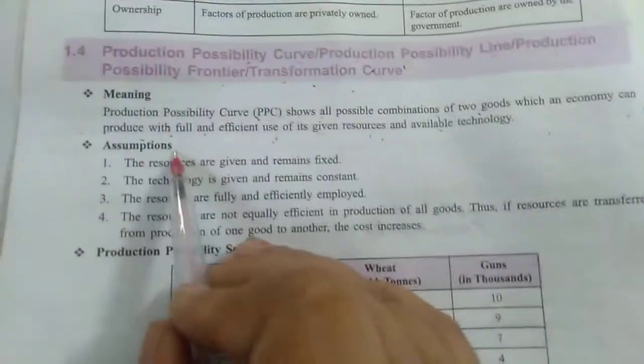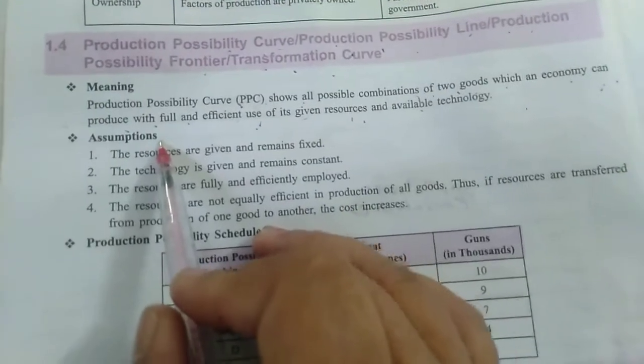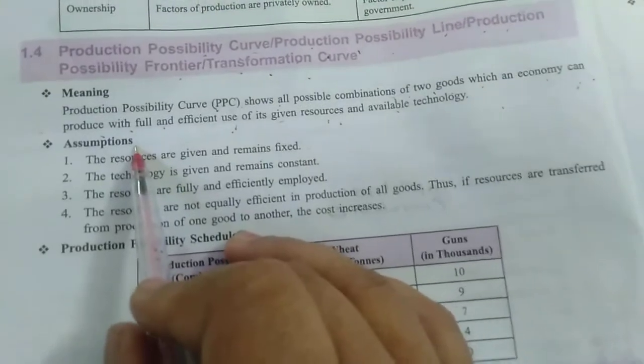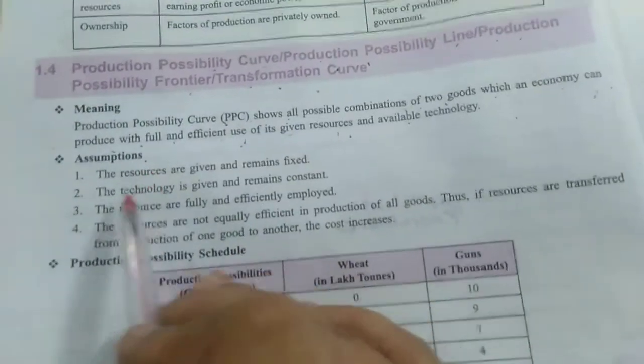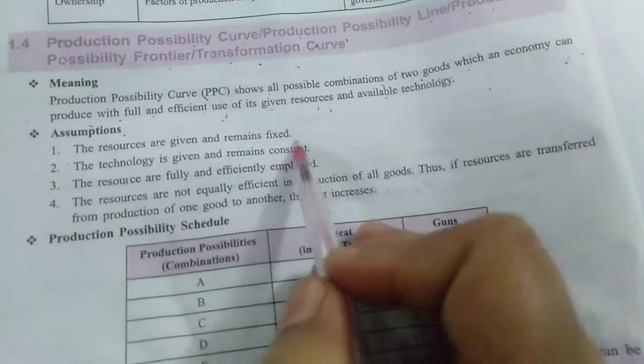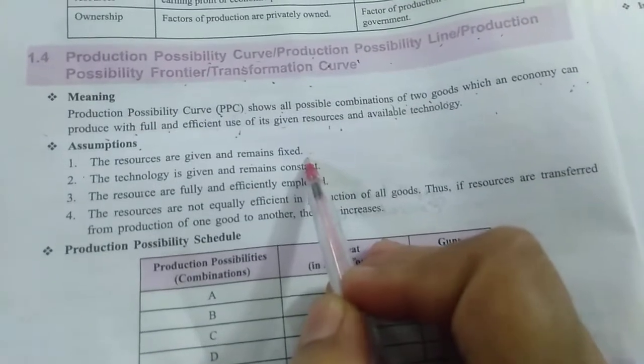Some assumptions are there in this production possibility curve. What are the assumptions? First assumption is that the resources are given and remain fixed. Whatever resources we have, they are totally fixed.